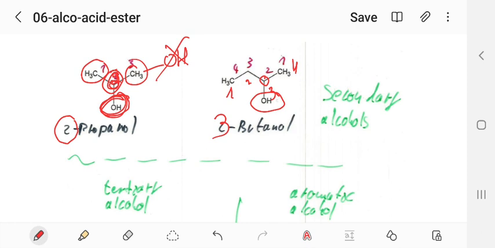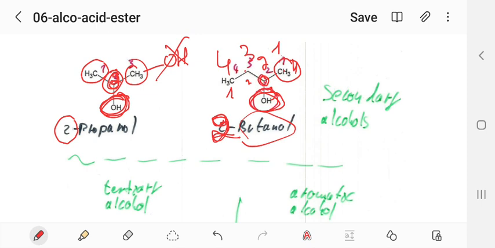So the branched element here is the hydroxy group, and this one is closer to it. So we start naming from here 1, 2, 3, 4, and therefore it will be called 2-butanol because it has 4 carbons. And 2 means that the hydroxy group is located at the second carbon atom, this one.